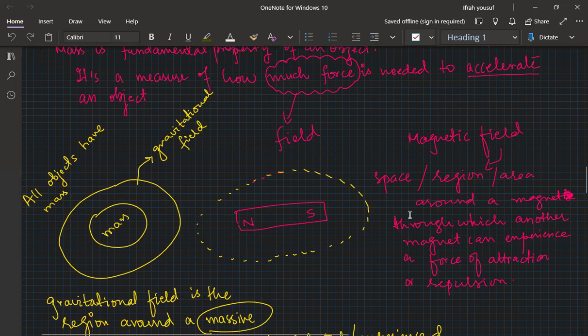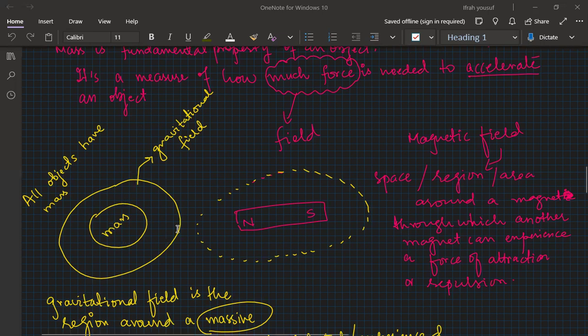After that, we linked the magnetic force with the gravitational force, that is, with the gravitational field.